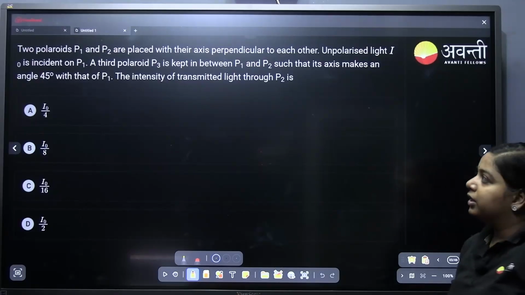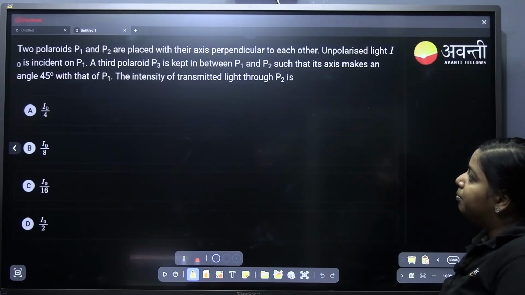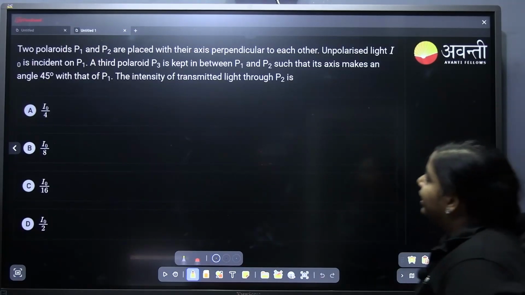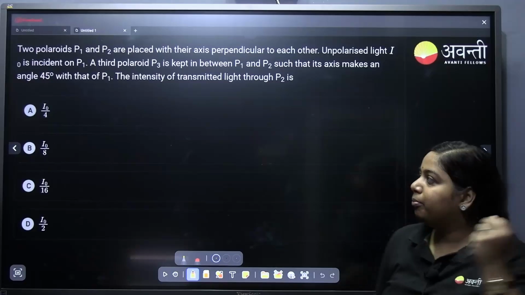Okay, next is: two Polaroids P1 and P2 are placed with their axes perpendicular to each other. Unpolarized light of intensity I is incident on one, and a third Polaroid P3 is kept in between P1 and P2 such that it makes an angle of 45 degrees with P1. The intensity of transmitted light from P2 is?